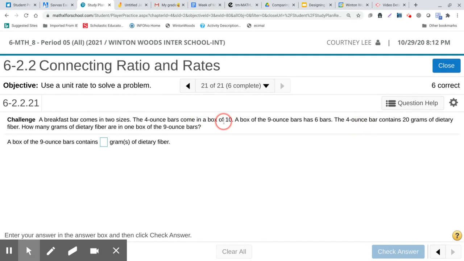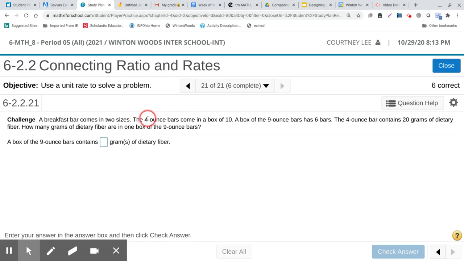So the box of 10 has 20 grams of dietary fiber. That means that there's 2 grams of dietary fiber for every bar. It says there's 10 bars in there. So 2, 4, 6, 8, 10, 12, 14, 16, 18, 20.